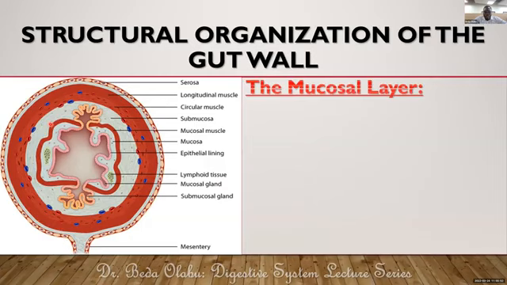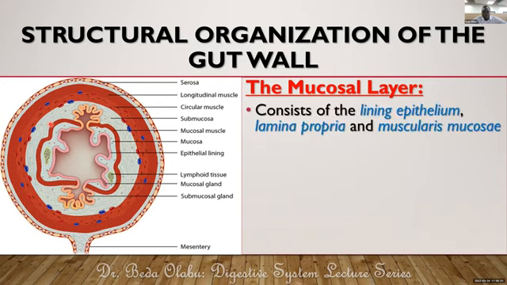We can begin with the mucosal layer, the innermost layer. The innermost layer of the GIT wall, the mucosal layer, consists of 3 things. We have the epithelium that lines that particular segment of the alimentary canal. Deep to that epithelium, we have a connective tissue layer. That connective tissue layer is what we call the lamina propria.